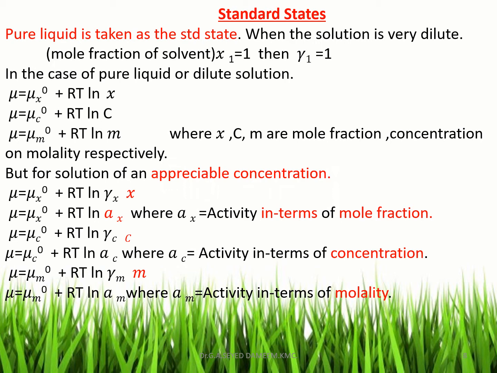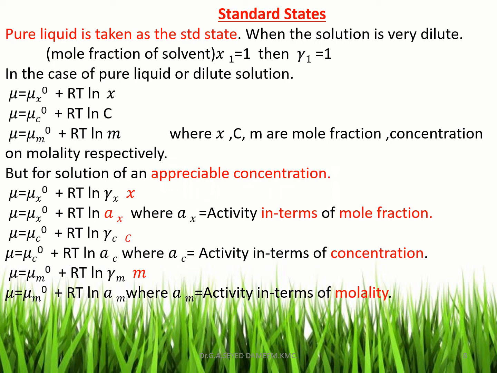But for a solution of appreciable concentration, these equations become mu is equal to mu 0 x plus RT ln gamma x into x, and mu is equal to mu 0 c plus RT ln gamma c into c, and mu is equal to mu 0 m plus RT ln gamma m into m.